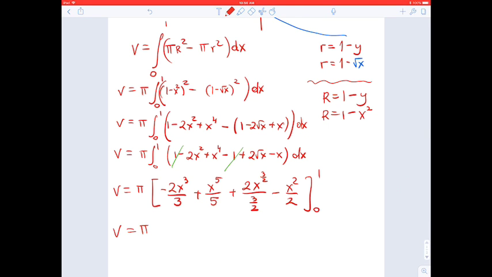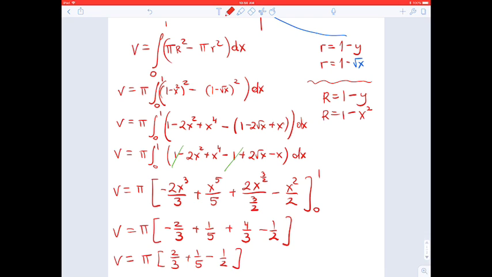Okay, and now we will substitute 1, and substituting 0 we're getting 0. That means negative 2/3 plus 1/5, and I will flip this fraction, 4 over 3, minus 1/2. 0, I can ignore it. Negative 2/3 and positive 4/3 will give me 2/3 plus 1/5 minus 1/2.